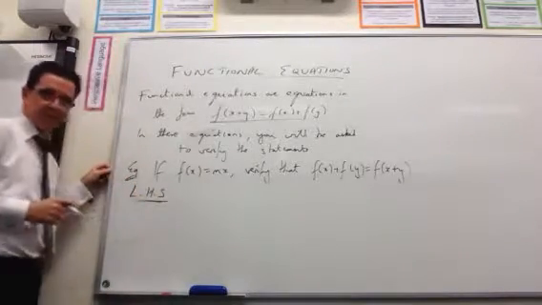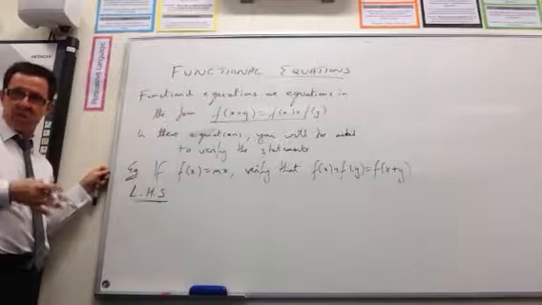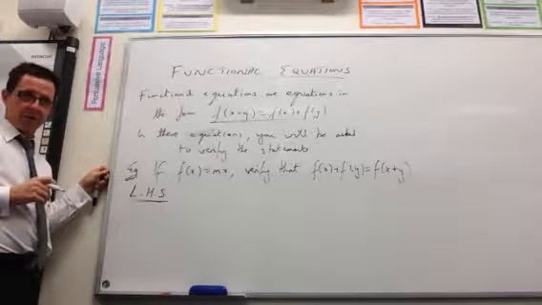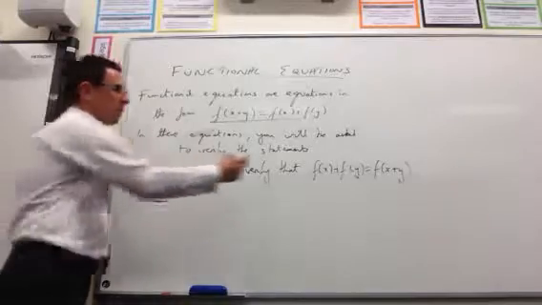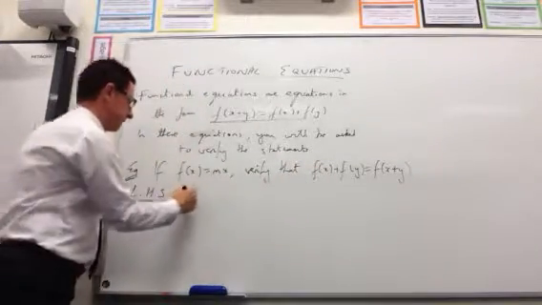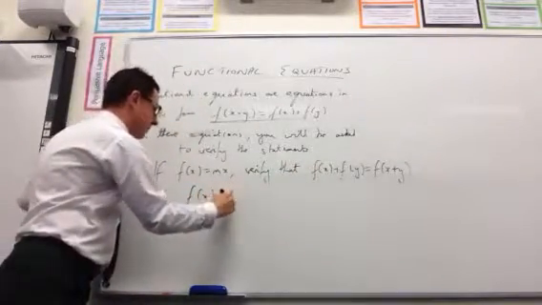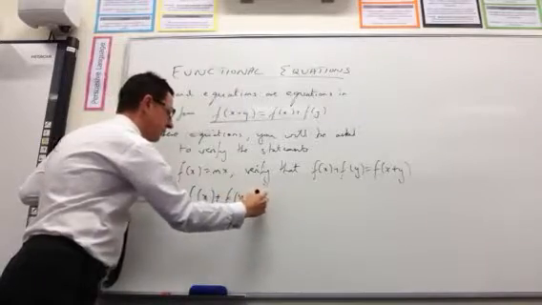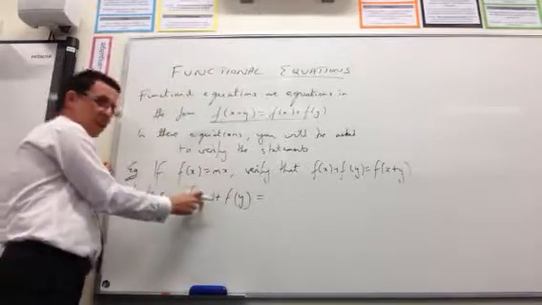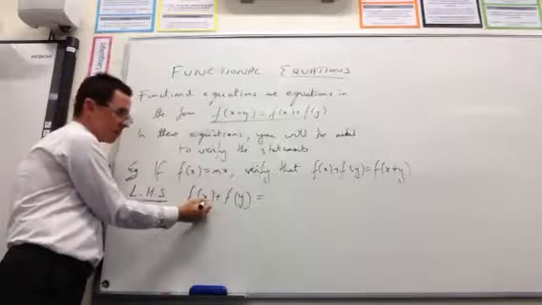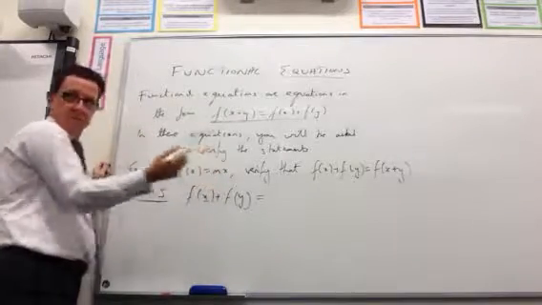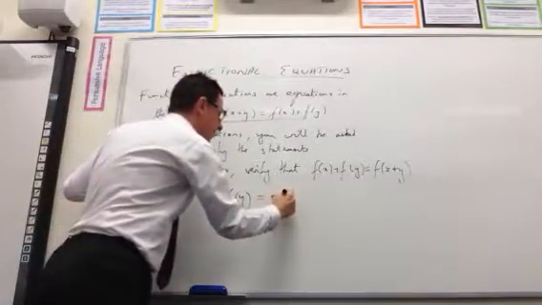I basically set them up like this. Talk about what the left-hand side is, talk about what the right-hand side is. f(x) plus f(y) is actually equal to... Now f(x) means take x and put it in this equation. So you get mx.